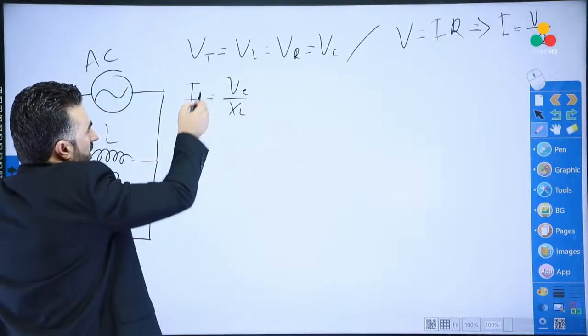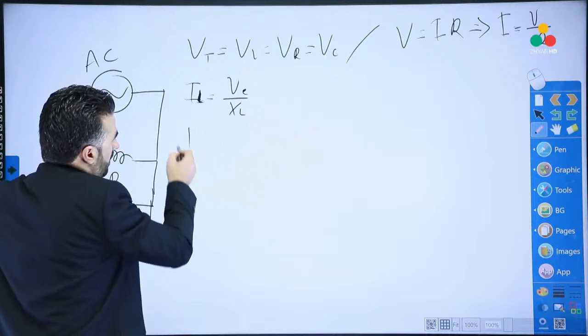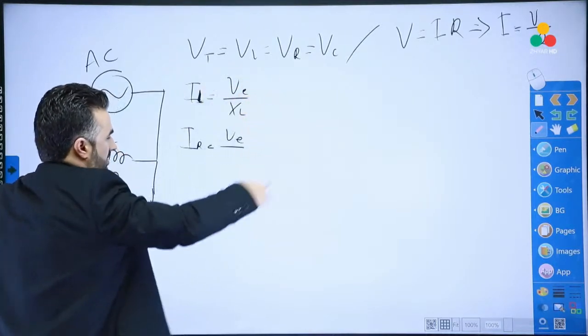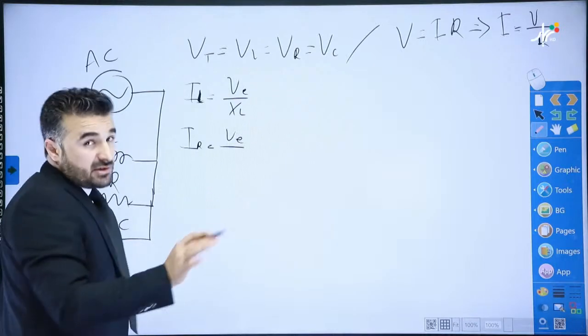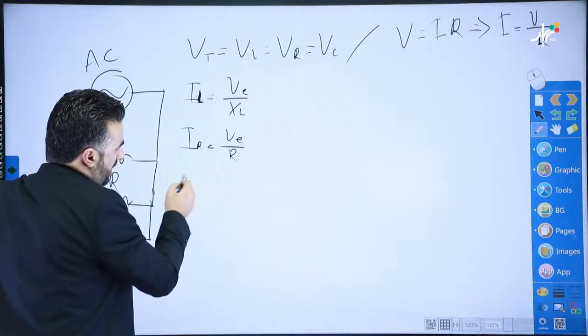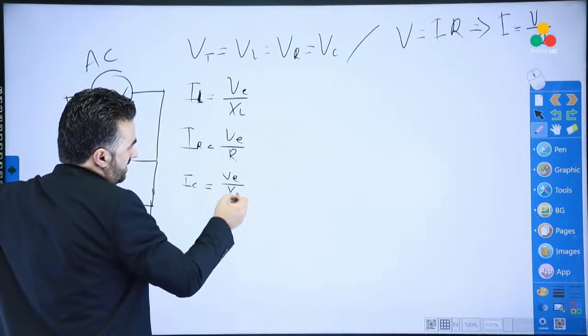That is the current through the inductance. What about the current through the resistance? IR is equal to V effective, which is the same everywhere on a parallel circuit, divided by R. And of course we have IC, that is V effective over XC.